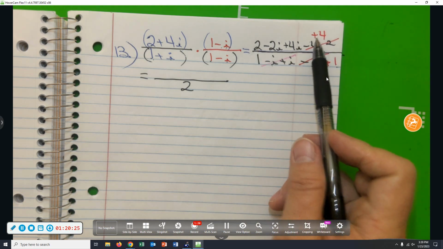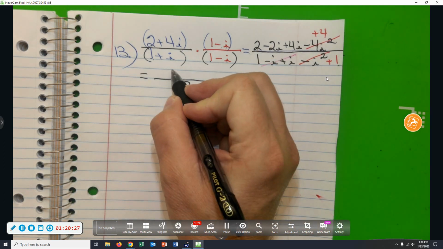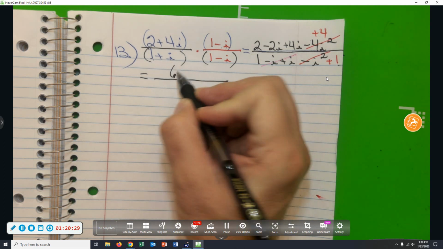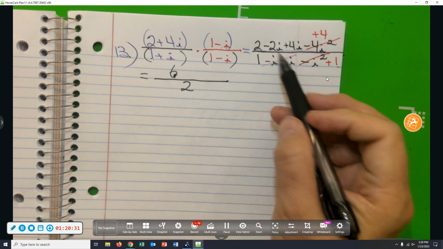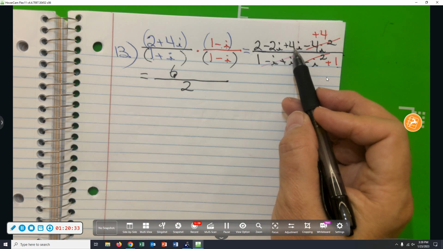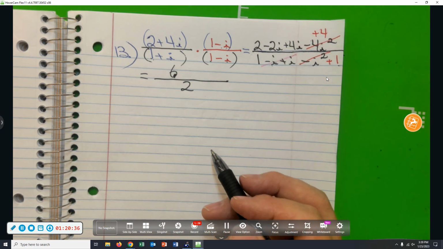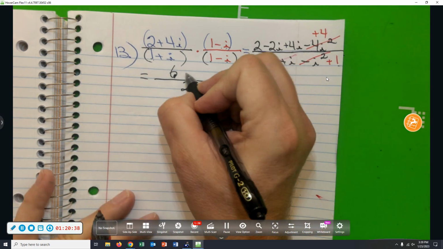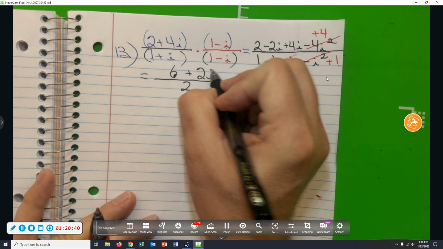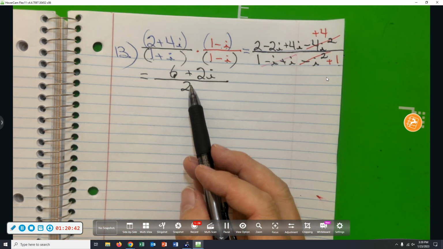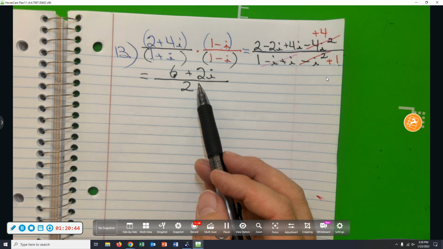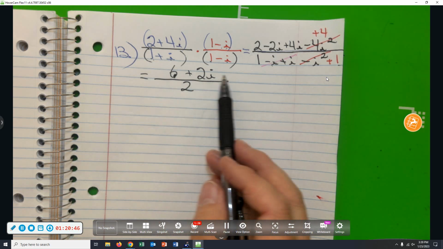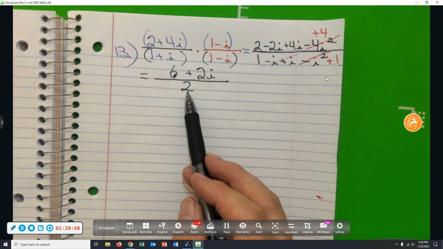2 plus 4. What have we got here in the numerator? 6, yes. Negative 2i plus 4i. What's that going to give me? That's a plus 2i. And then this reminds me of problems 3, 4, and 5. We have an i on top, but just an integer on the bottom.